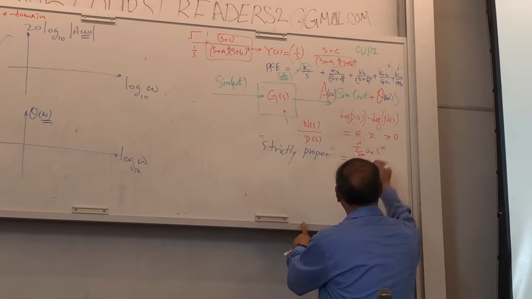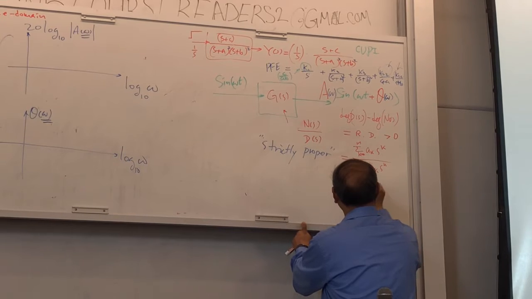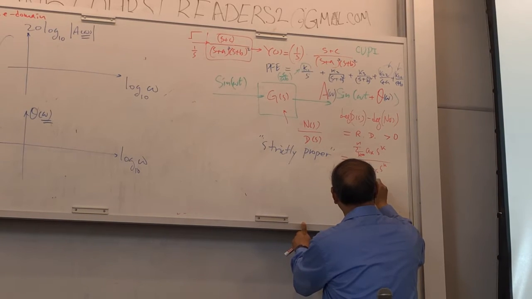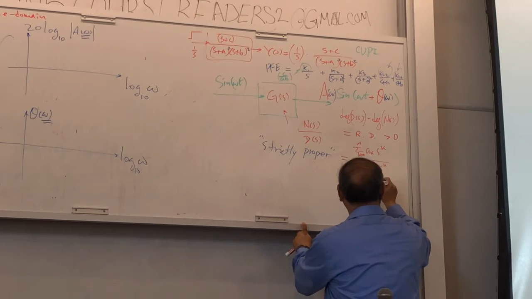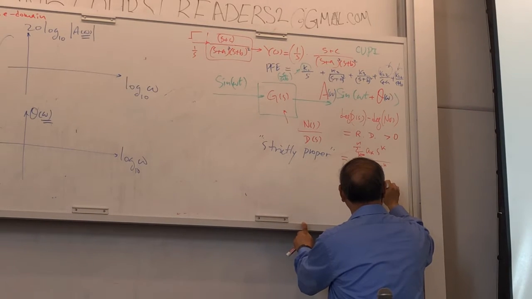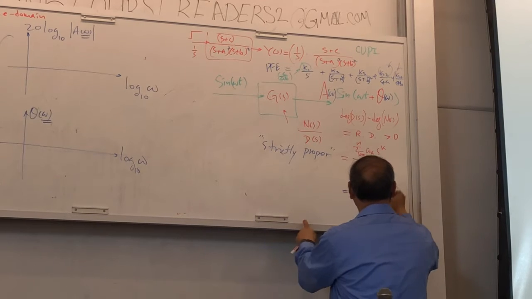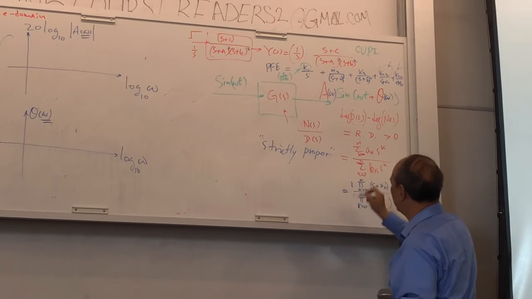But we can also solve for its poles and zeros and write it as a product of terms like s plus z_k and s plus p_k, and of course you can put a gain here.